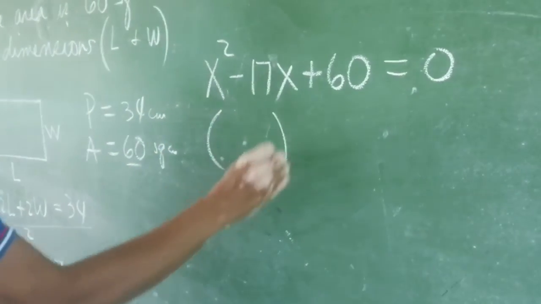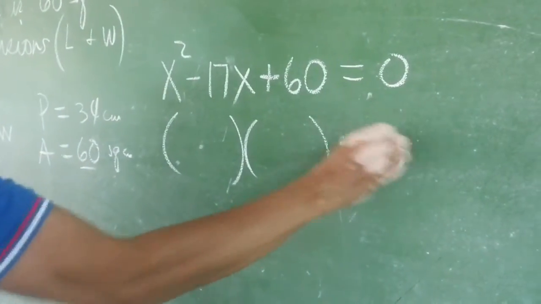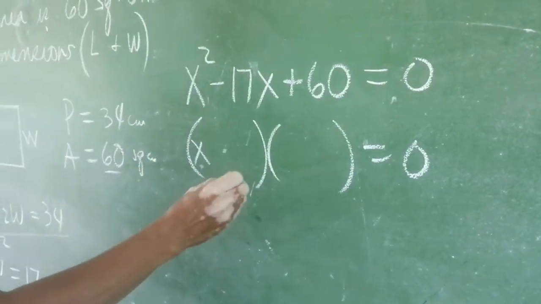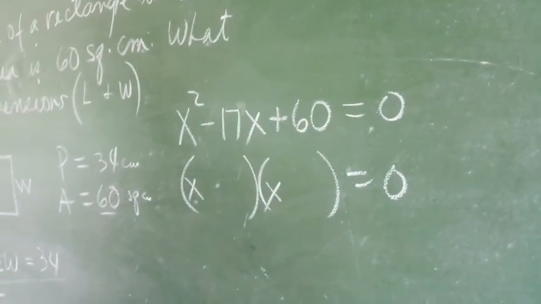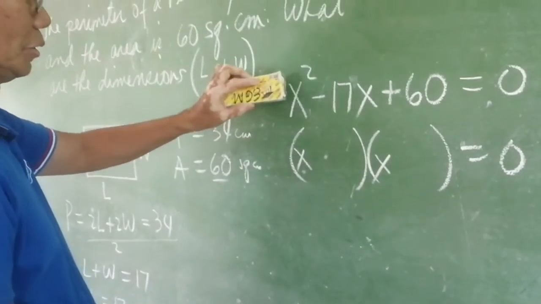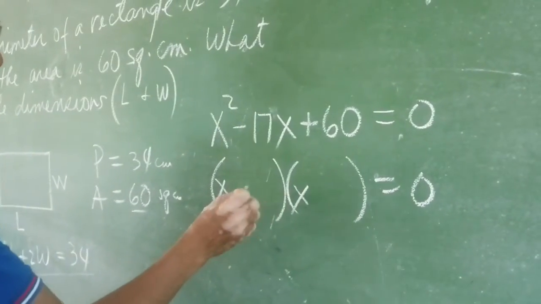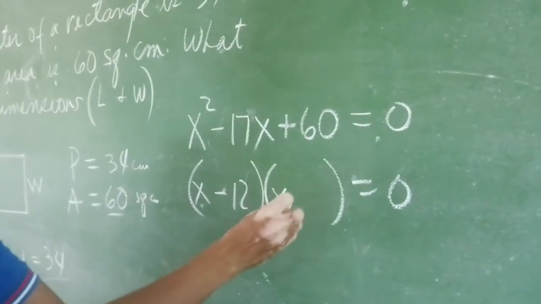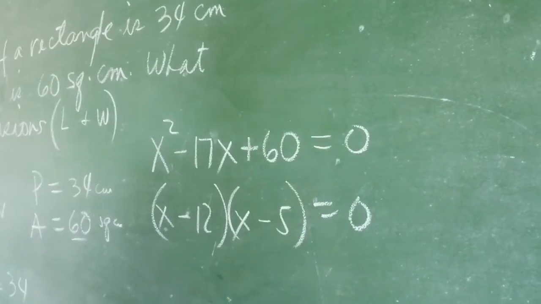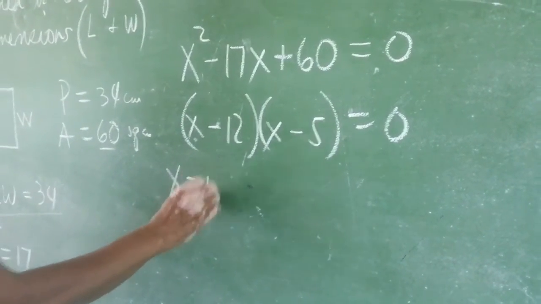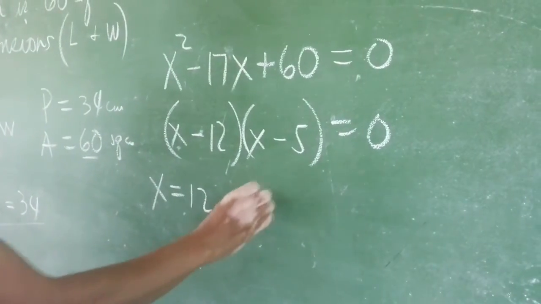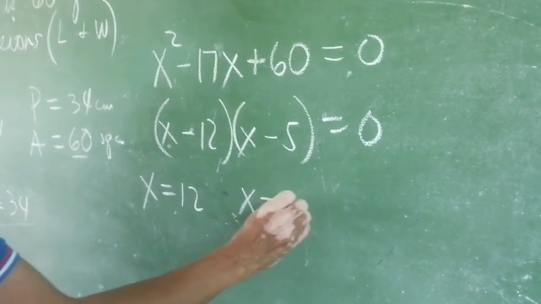So we use factoring if we can. So x and x. That will be 12 and that will be 5. So one value, x will be equal to 12 and x will be equal to 5.